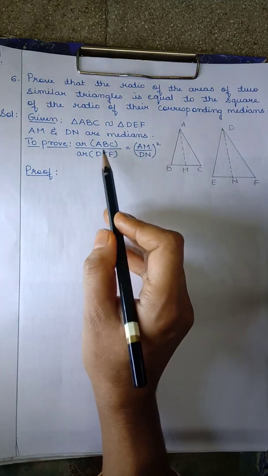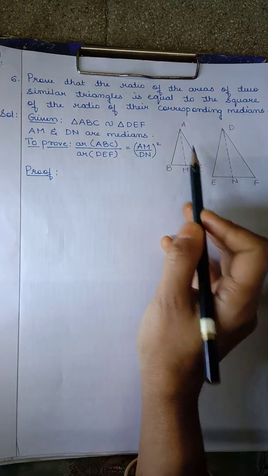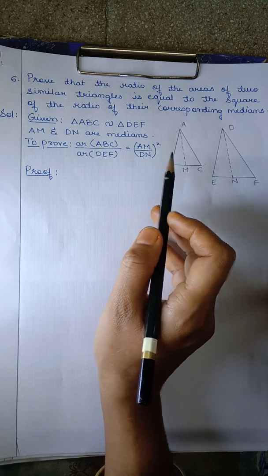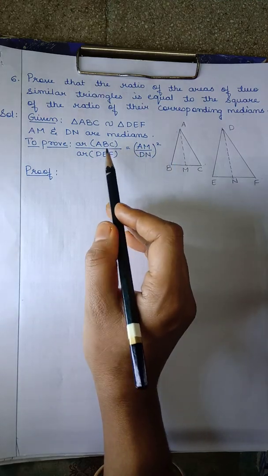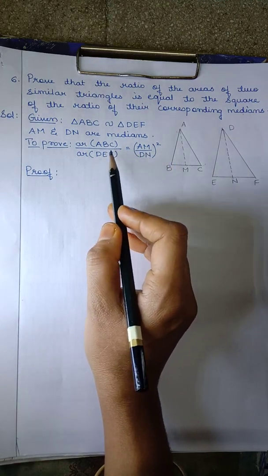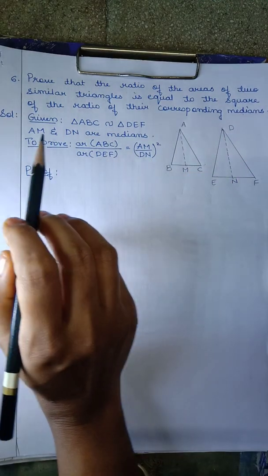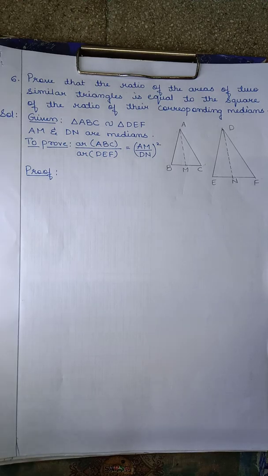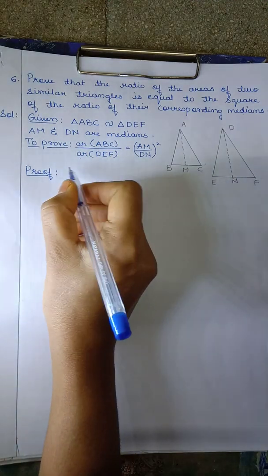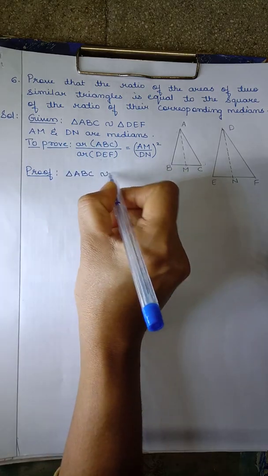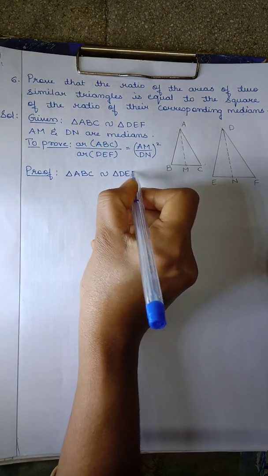The ratio of the areas of two similar triangles is equal to the ratio of the squares of their corresponding sides. We already have learnt this in the theorem. Now here we have to prove that the ratio of the areas of two similar triangles is also equal to the ratio of the squares of their medians. Okay, so now to prove this, firstly we know that triangle ABC is similar to triangle DEF.